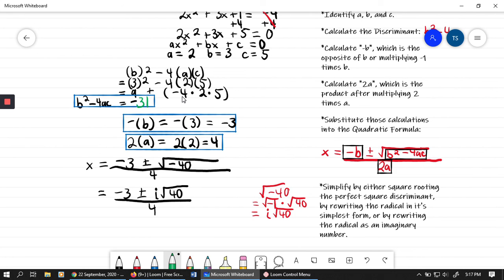That was supposed to be 9 minus 40, which is negative 31. And I'm sorry about writing over this like this, but that is negative 31. I'll try to erase some of it.